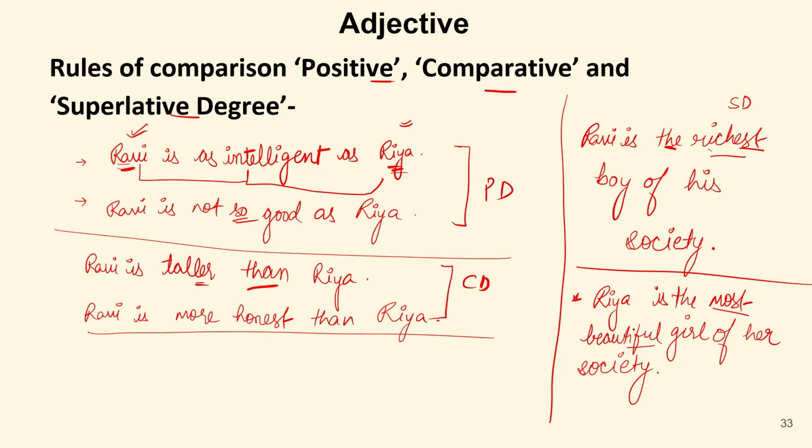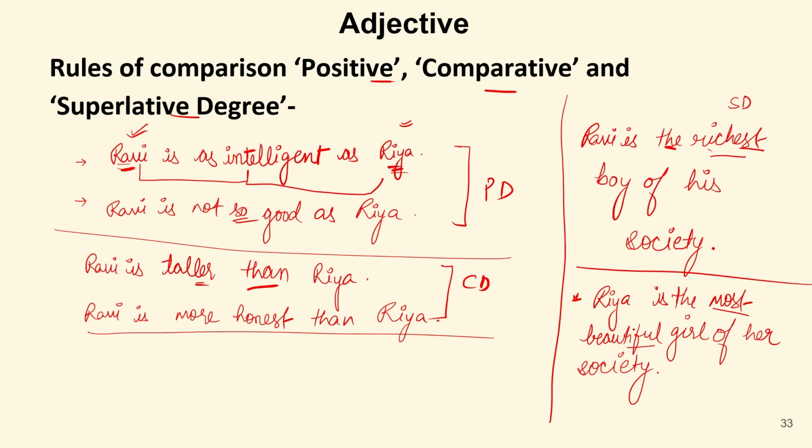It means Ria has been compared to every girl in the society, and she is the most beautiful girl among all. So, here a superlative degree has been used. So, these are the three ways to compare two persons or two or more persons with one another using positive degree, comparative degree, and superlative degree of adjective.